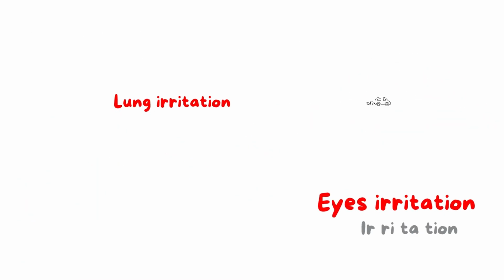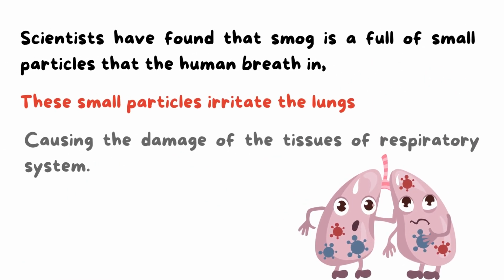Scientists have found that the smog that comes from burning fuels in factories or in electrical power stations is full of small particles that the human breathes in. These small particles irritate the lungs, causing pain in the lungs, causing what? The damage of the tissues of the respiratory system. Damage means destroy.